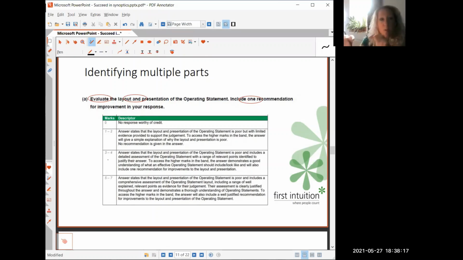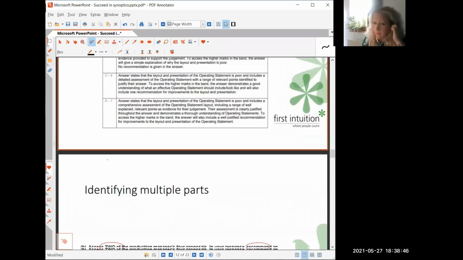And what you're given here in this SAMS is, well, what needs to have been said in that answer for that student to fall in that band for that answer. And it's really, really useful to spend a bit of time looking at these banded mark schemes to get an understanding as to how much detail you need to go into in order to pick up higher level marks in the assessment. We'll look at that in slightly more detail.